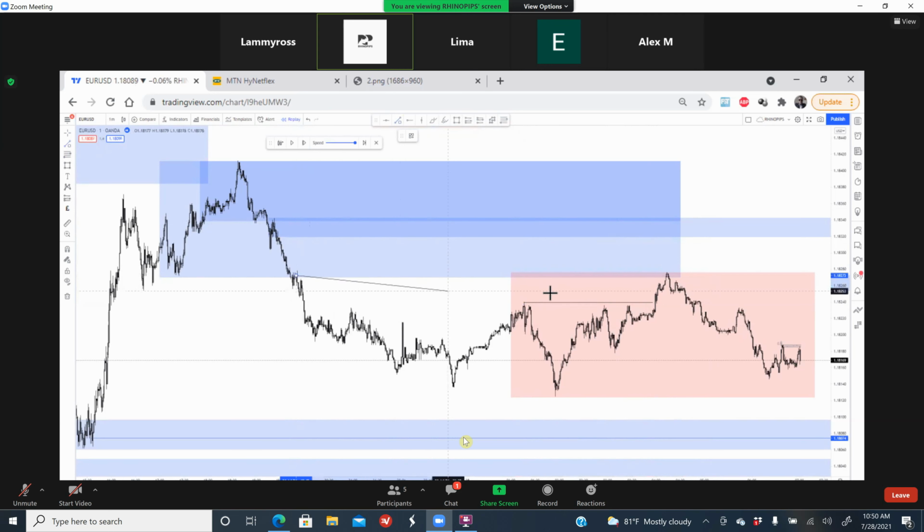So if it is a true BOS, then I expect this to drop, to break this low, which is going to mean that the Asian low was grabbed. So after that, what are you going to see? And this is still 50% of what?